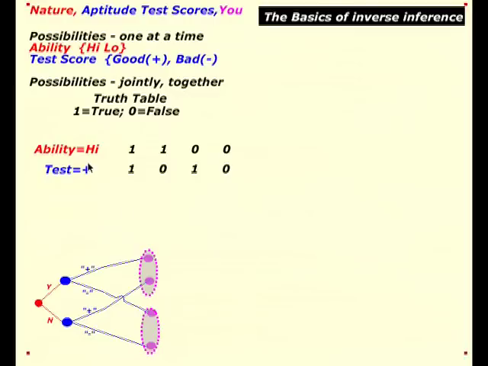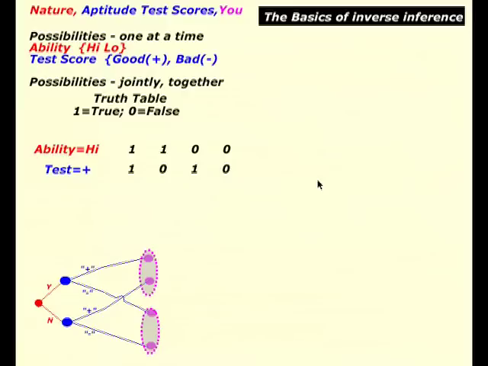And I think this truth table is a very helpful device for getting your head around something that's a little more complex. Well, I don't know this, and I don't know that. Well, there's four things that you're uncertain about, okay? There's the person's ability. I don't know, what is their ability, good or bad. There's their test scores. How are they going to do in a test? I really don't know.